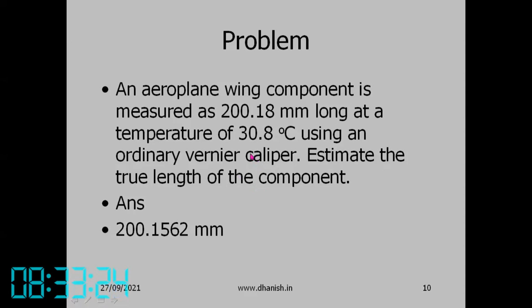Only if you heat up the workpiece alone without heating the measuring instrument, or vice versa, you hold the vernier and heat it up, but the workpiece you don't touch, the differential temperature will cause thermal errors. Otherwise, since they are of the same material, the errors will get cancelled out. So that is why we could neglect thermal errors for a long time.